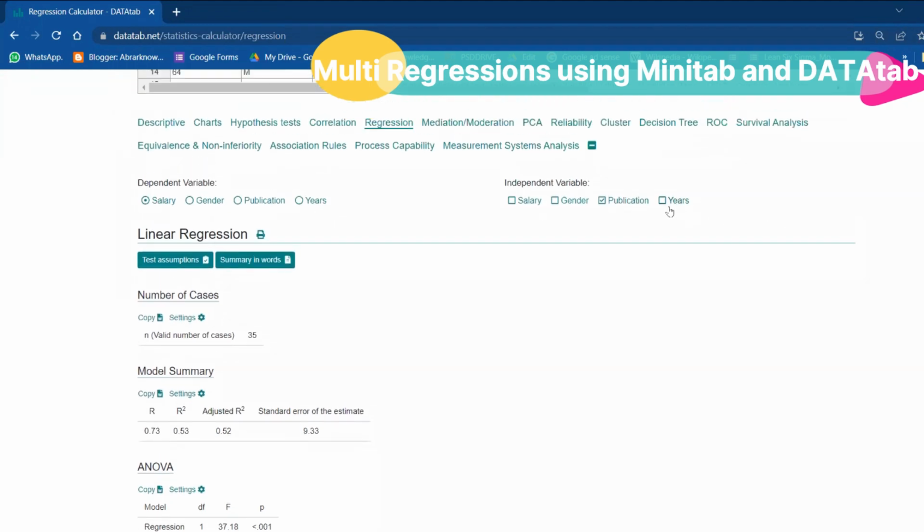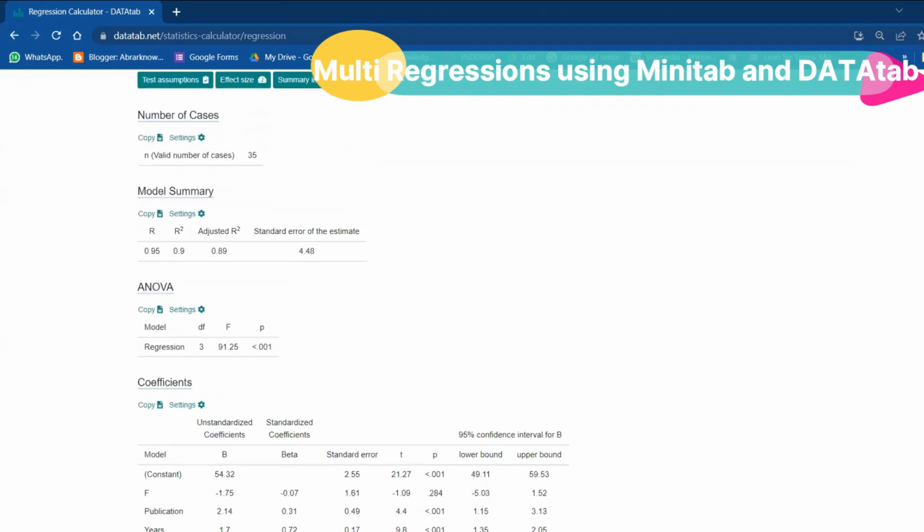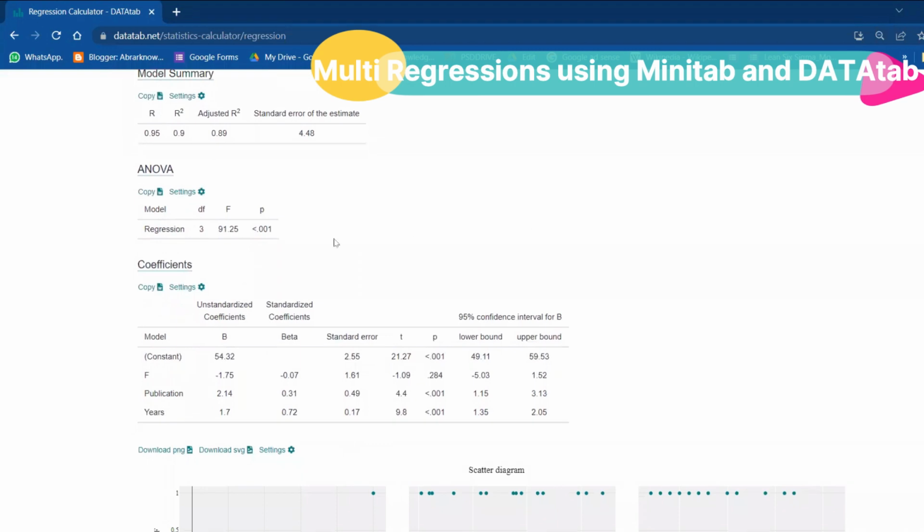Let's say I want all these things together, years and gender. This is not an independent factor because we have already taken salary here. So you can see all these three factors. So the whole ANOVA is significant, right? Because the value is less than 5%.